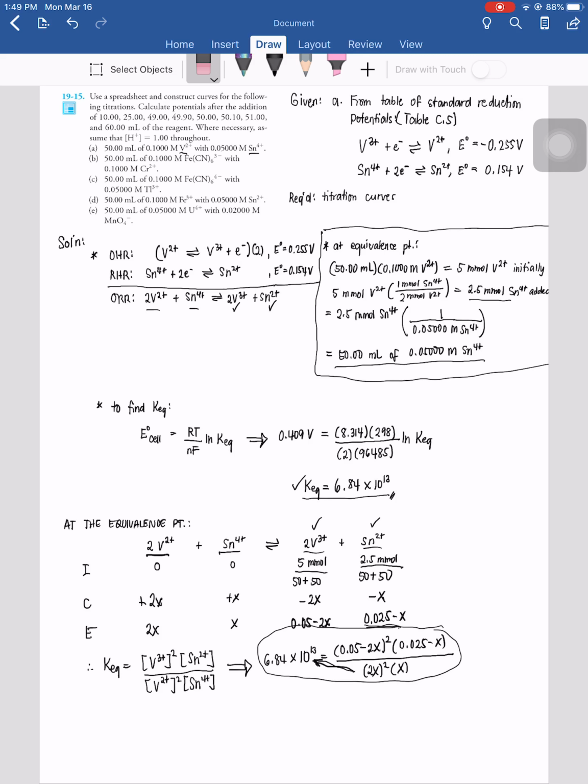0.05 minus 2x quantity squared times 0.025 minus x divided by 2x quantity squared times x.